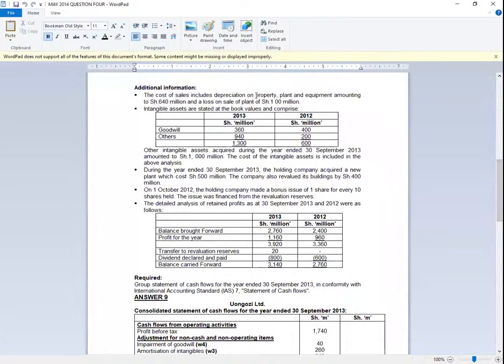It's here: depreciation on the property, plant, and equipment of 640. Even the loss is given.